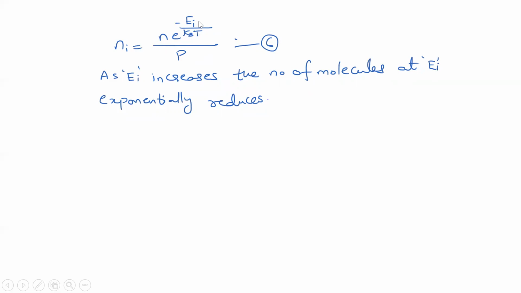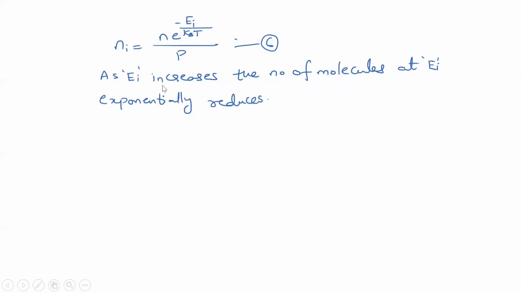So now you can see the relation between Ni and energy. Here N is the number of particles, constant, and P is the partition function, also constant. So Ni directly relates to the energy; the number of particles present at an energy level is related to that energy level, and it reduces exponentially.